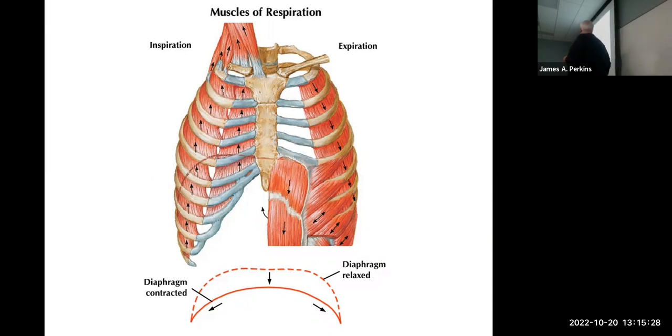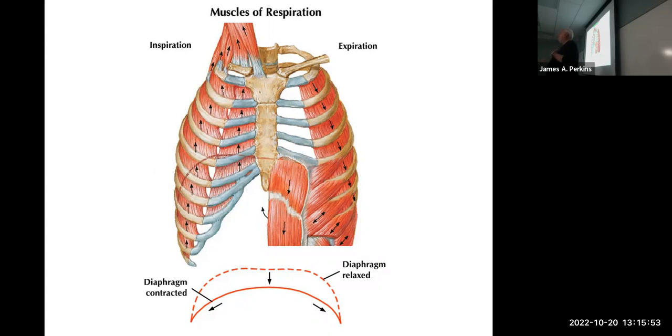And the external intercostals, which are shown on the left side of the slide, work in conjunction with some of the muscles up in the neck, such as sternocleidomastoid and the three scalene muscles, which are going to pull up. The sternocleidomastoid is pulling on the sternum and the clavicle, but those things in turn are connected to the rib cage.